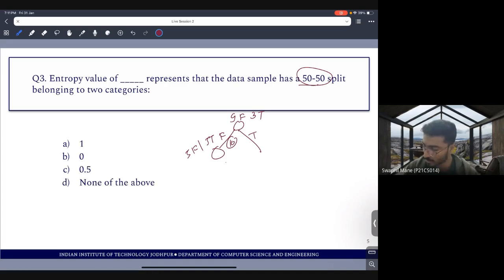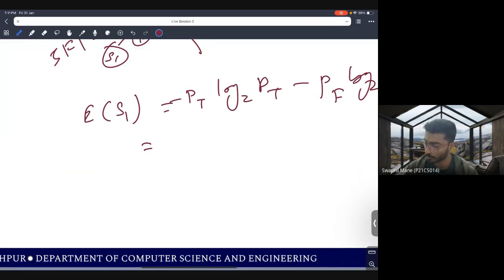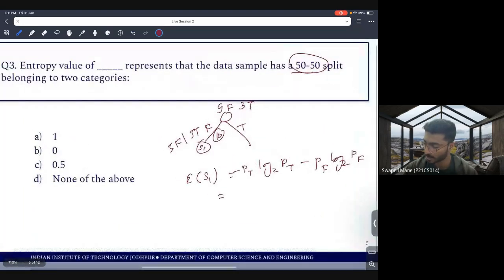So here how are we calculating entropy for this node S1? The entropy of S1 is equal to minus P of T log base 2 of P of T, minus P of F log base 2 of P of F, similar to the previous formula we used. Here the probability of T is 5 divided by 10, 5 plus 5, right?